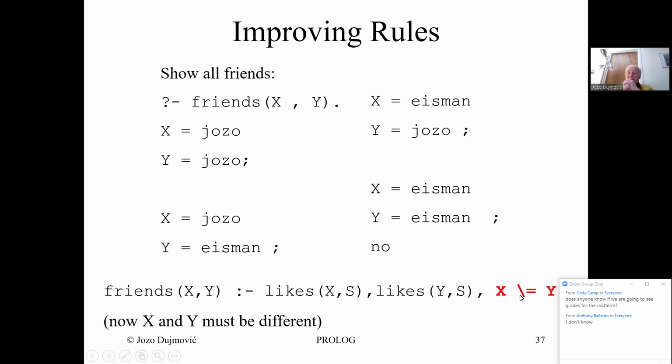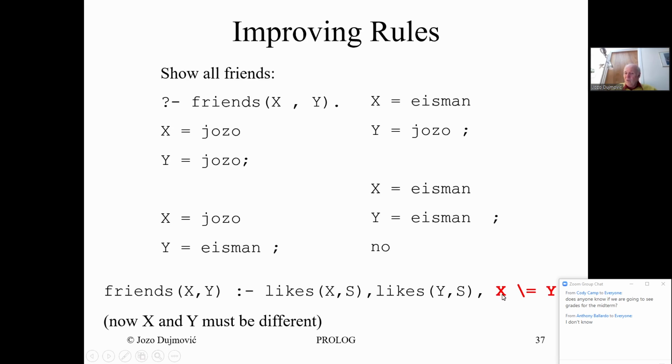So now I have two questions for you. The first question is, in human reasoning, you can say friends are X and Y, if X and Y are different people and they like the same thing. So in human reasoning, you could take this X different from Y and put this at the very beginning here.